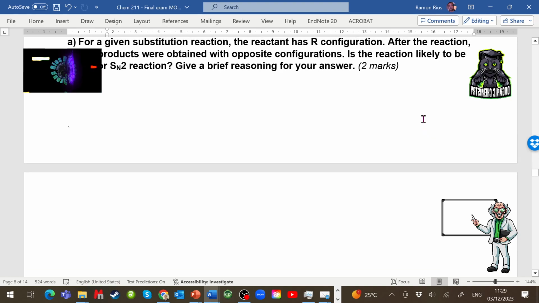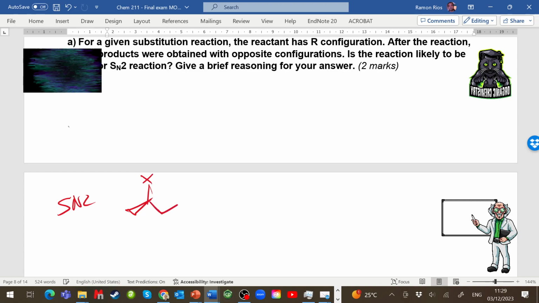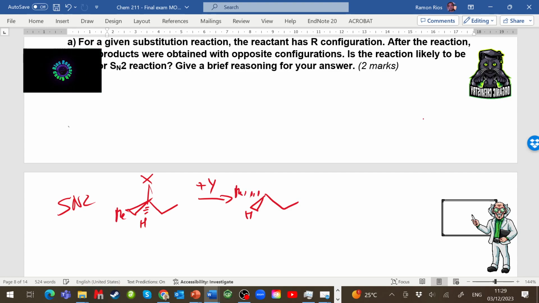Why? Because remember that in an SN2, for example with this compound, if we substitute X by Y, we get a change of the configuration.